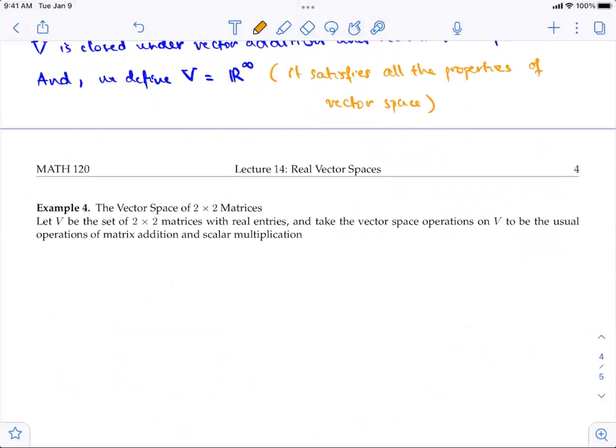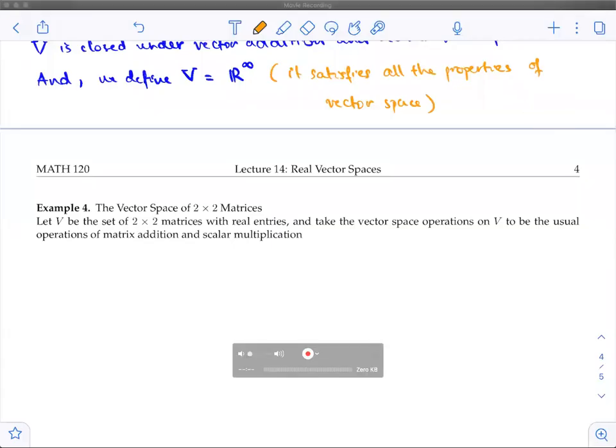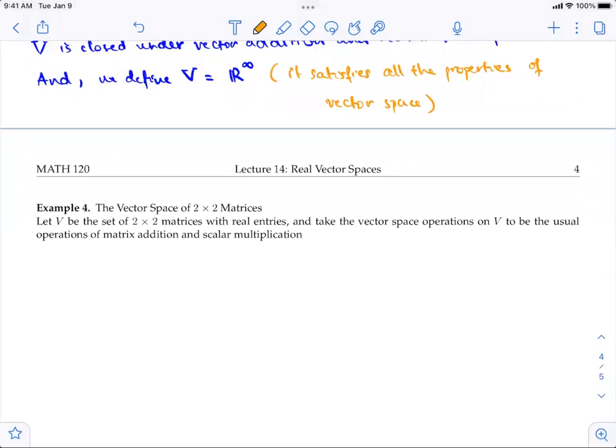Consider 2 by 2 matrices. So let V be the set of 2 by 2 matrices with real entries, and take the vector space operations on V to be the usual operations of matrix addition and scalar multiplication.